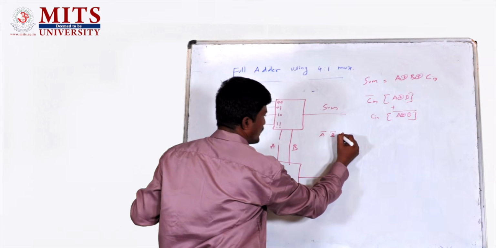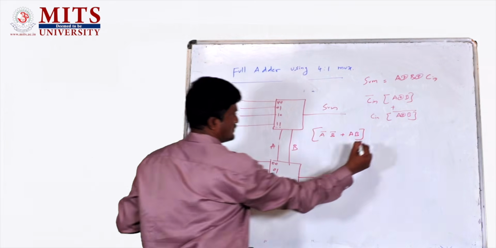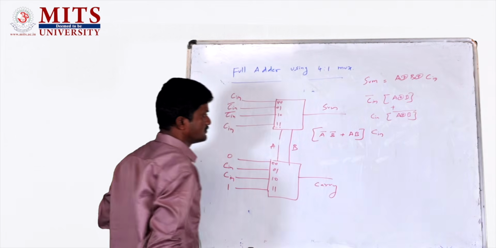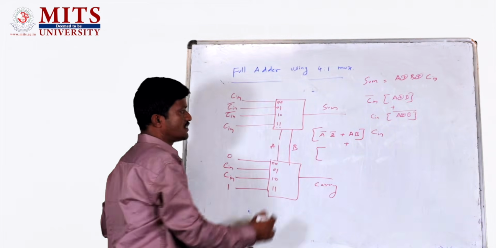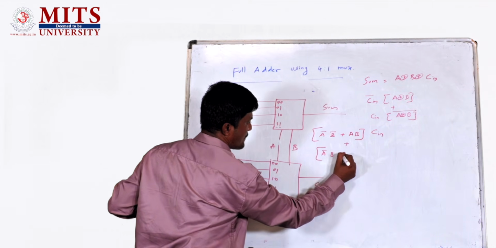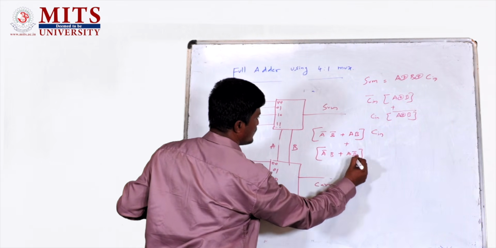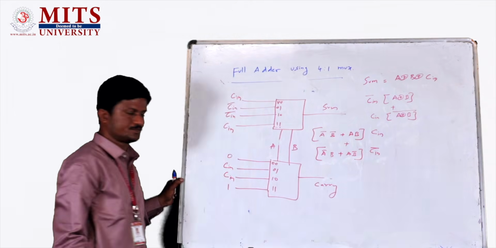So A bar B bar plus AB into Cn. Similarly, for the second and third, we go with A bar B plus A B bar, with data input Cn bar.